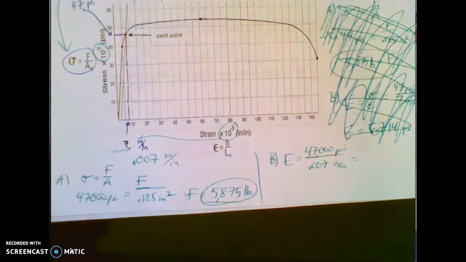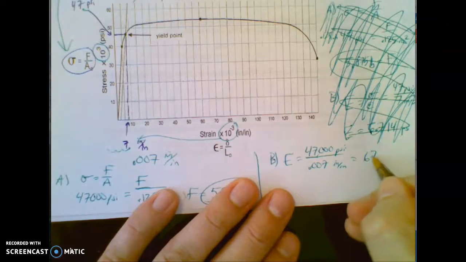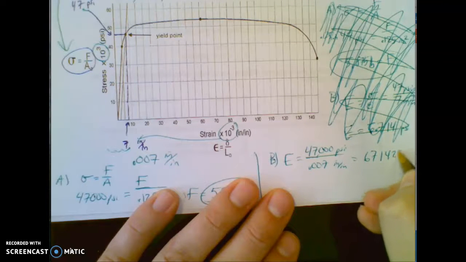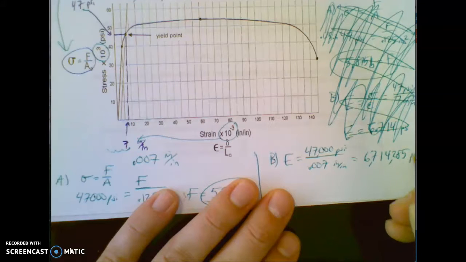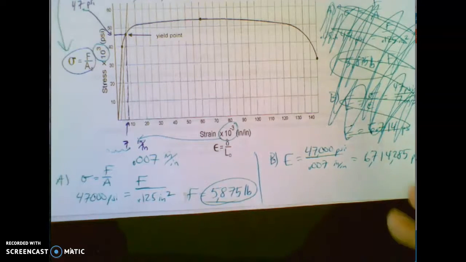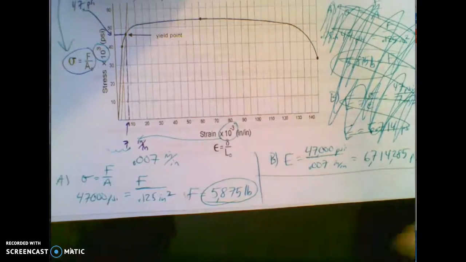And this should be a big number because modulus of elasticity is usually a big number. Okay, so that's 6,714,285, about 6 million psi. Okay, so that's that one.